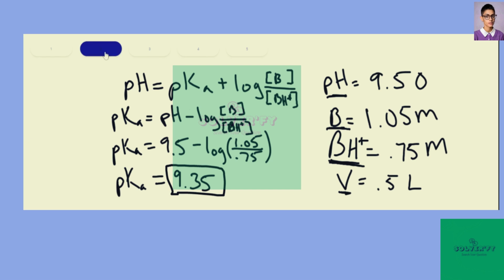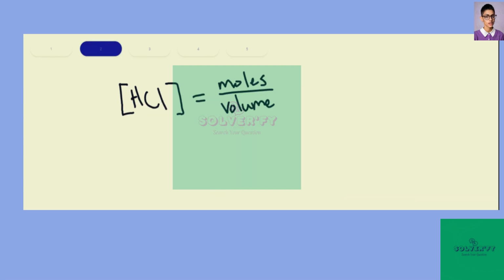So the next step here is to find the concentration of the hydronium ions in solution, or the hydrogens, the positive hydrogens that the hydrochloric acid puts into the solution. And the way you do that is by just taking moles over the volume, which equals molarity.